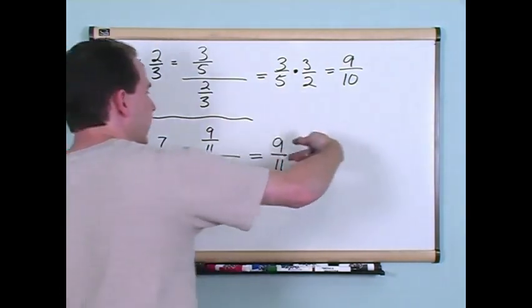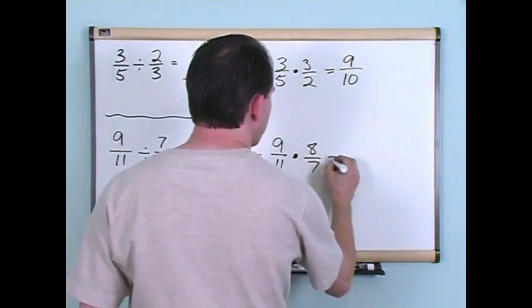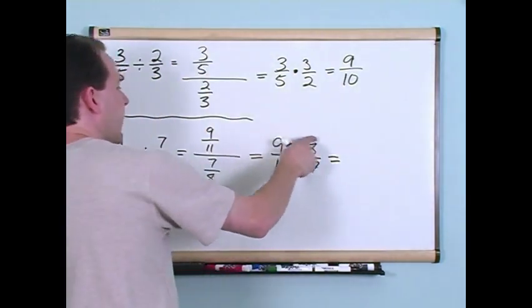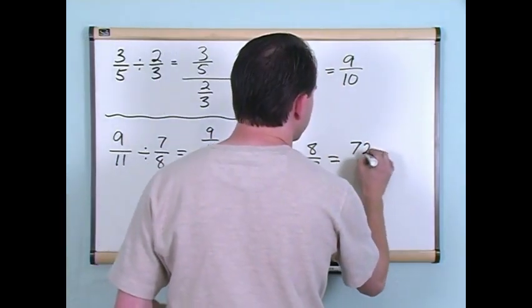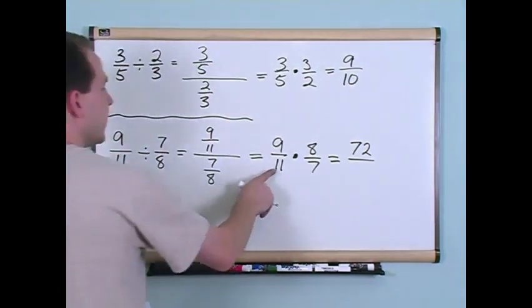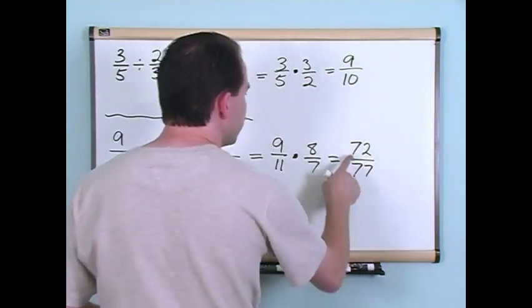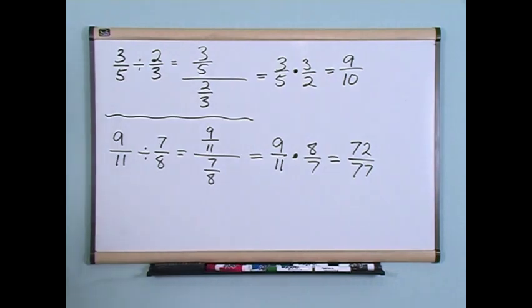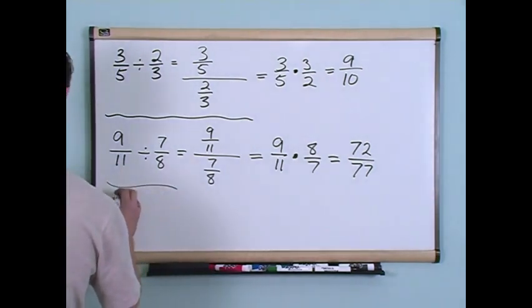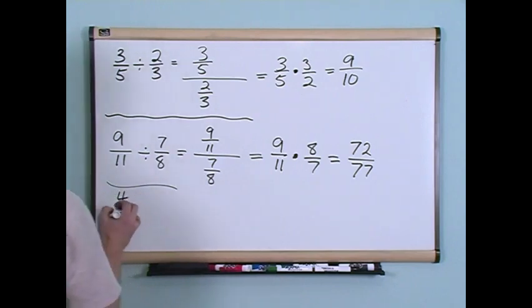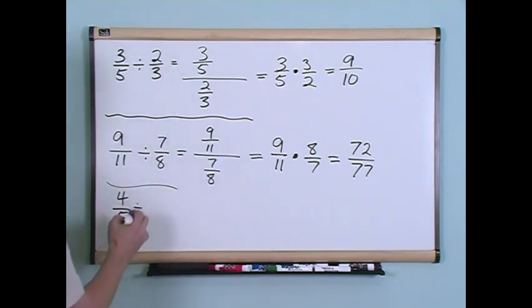I take this over and I flip it over like this. Now, 8 times 9 here is 72, and 11 times 7 is 77. So 72/77.